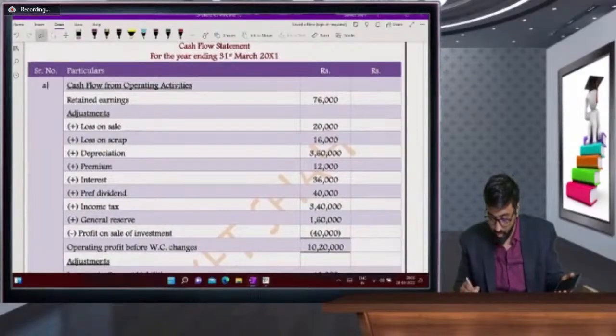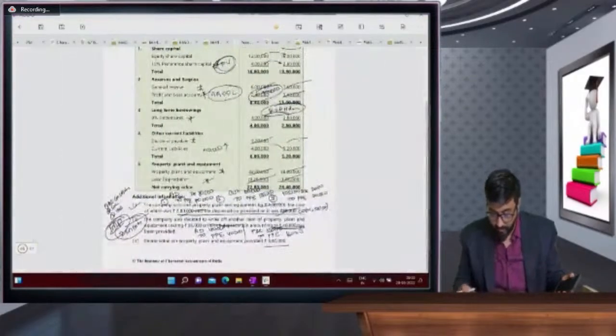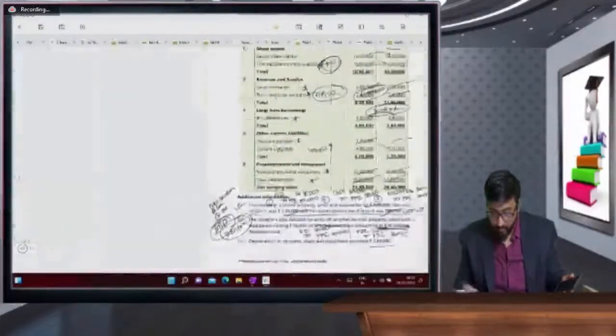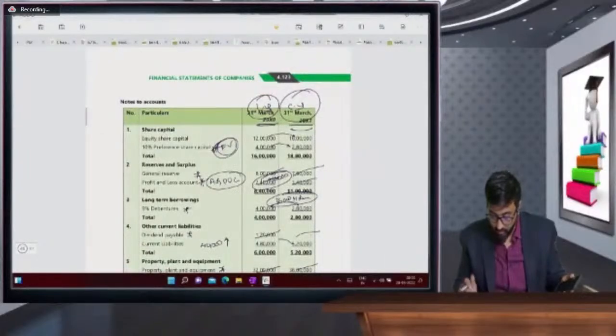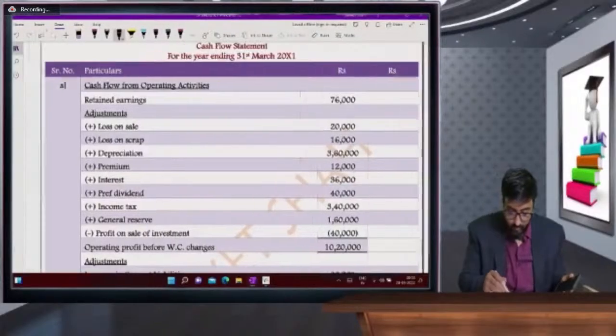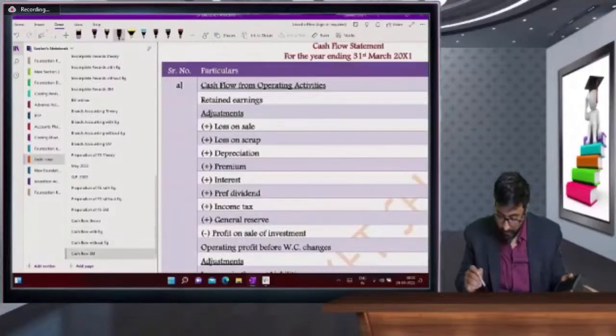I think this is not the correct one. The correct answer, yes, I will share it day after tomorrow. I think this is not the correct answer. Sorry, I can't share it now.